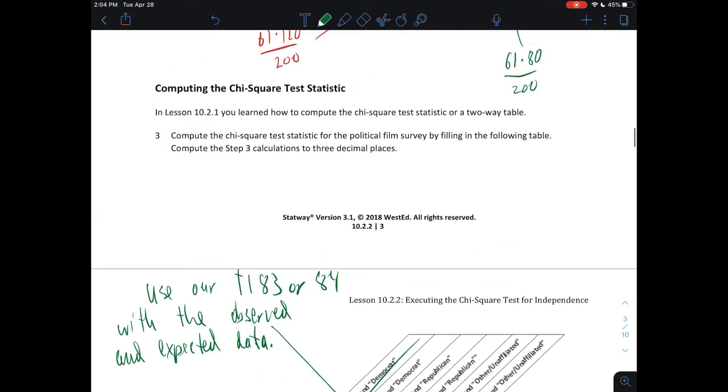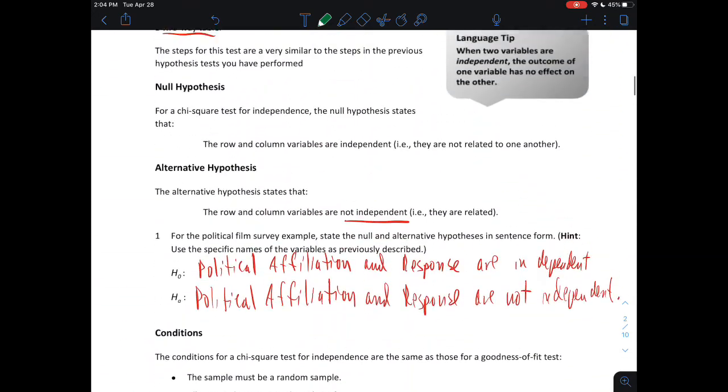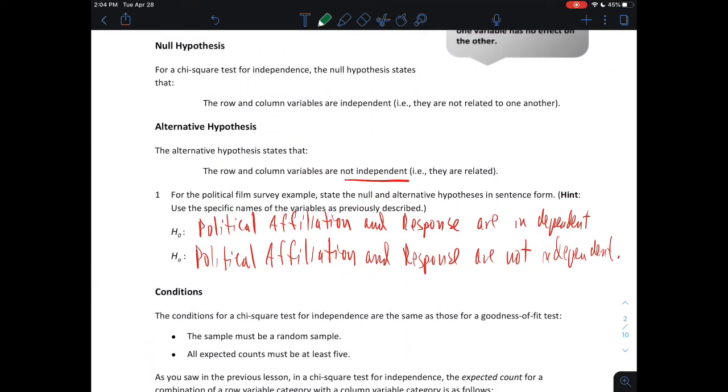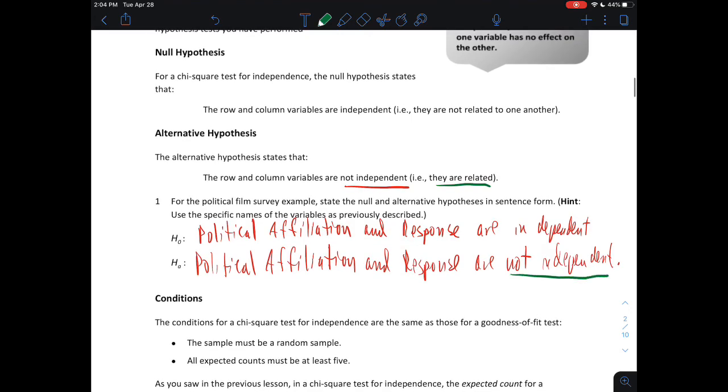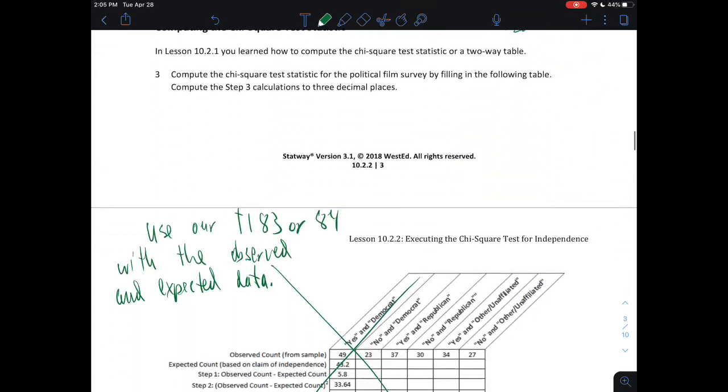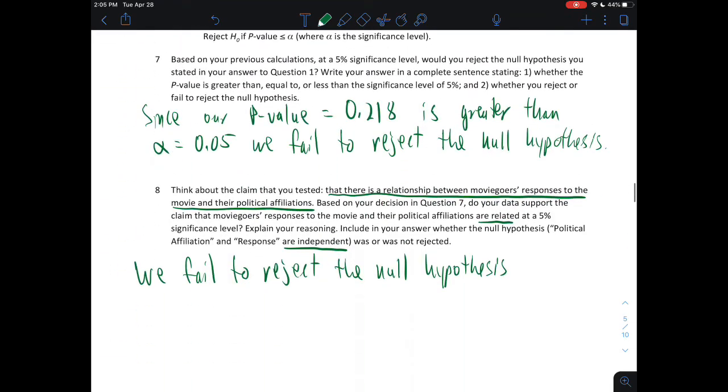Go back to when we wrote our alternative hypothesis. Not independent means the same thing as they are related. So does the data support the alternative hypothesis? No. So the data doesn't support that political affiliation and response are related. And notice how that just answered the question right there. That's what they wanted to know. Are they related?